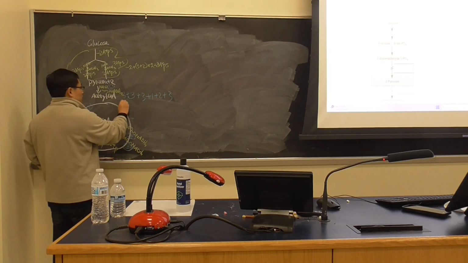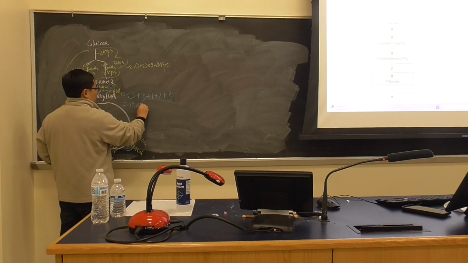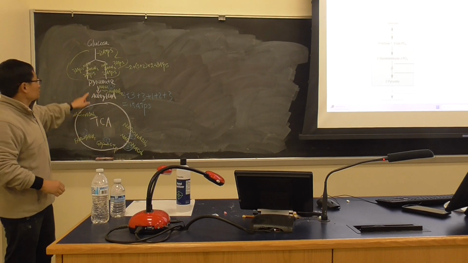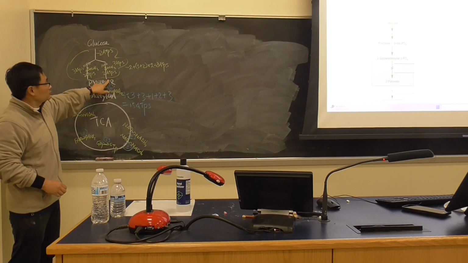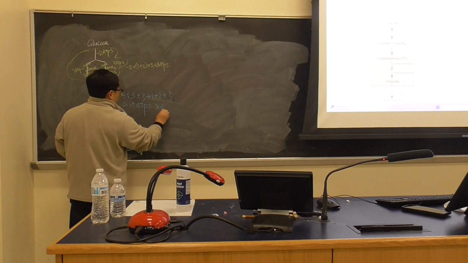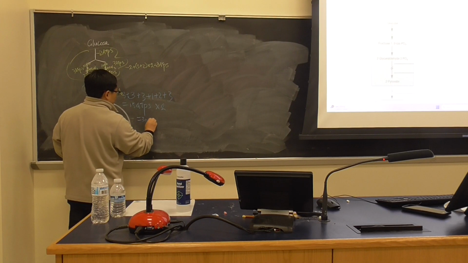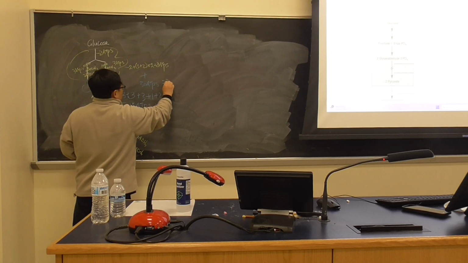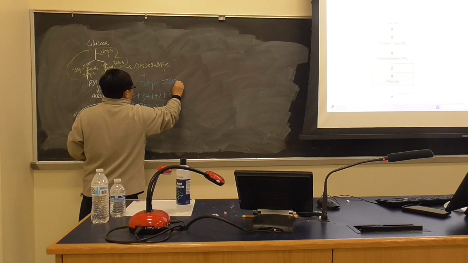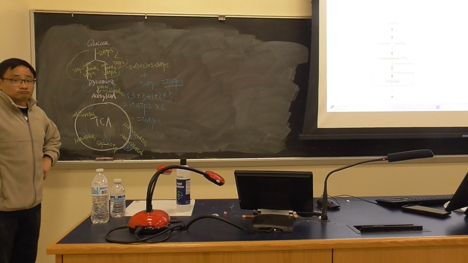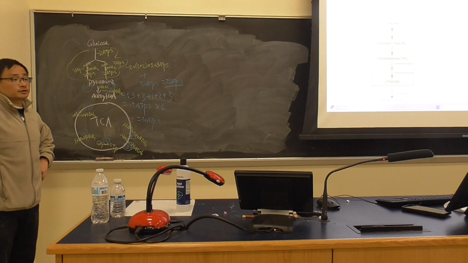When you add up together, that's 15 ATPs. And remember, there are 2 cycles because one part of it is here, another is here. So this multiplied by 2 is 30 ATPs. And then you add up together, equals 38 ATPs. Okay, that's a very simple calculation.